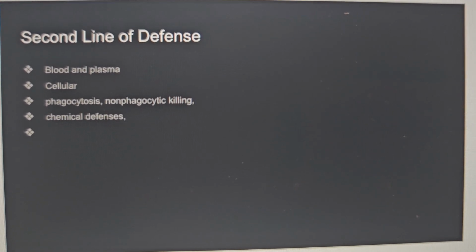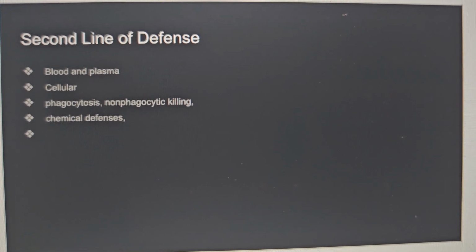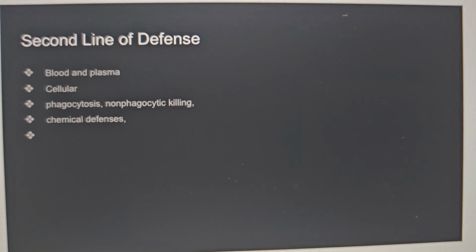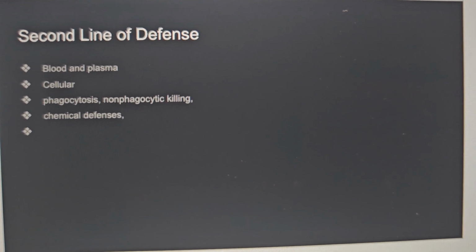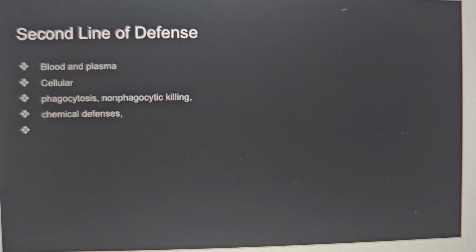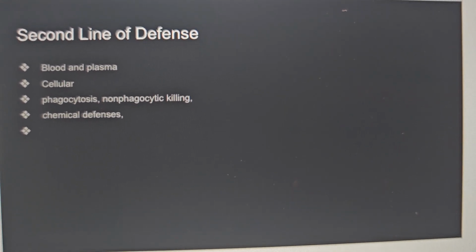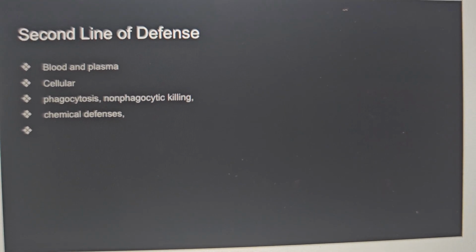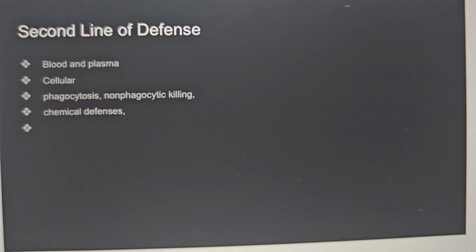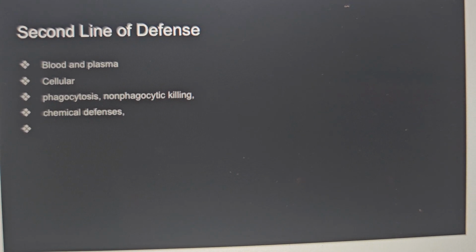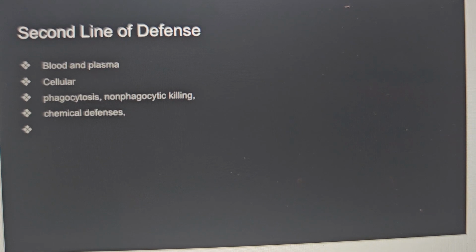Some of the cellular components of this, which are platelets, carry leukocytes that are the killing mechanisms for cells, and so the platelets carry those things around.